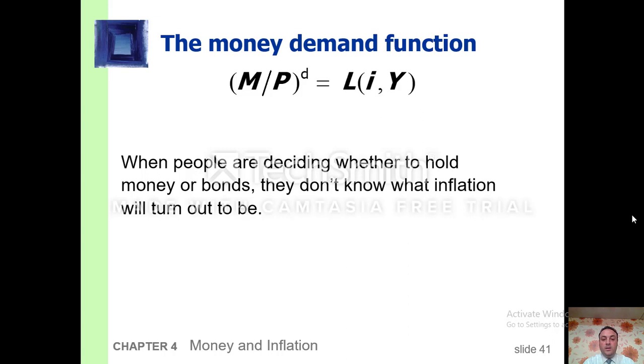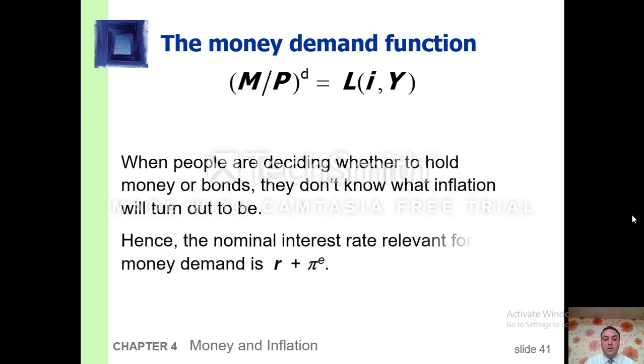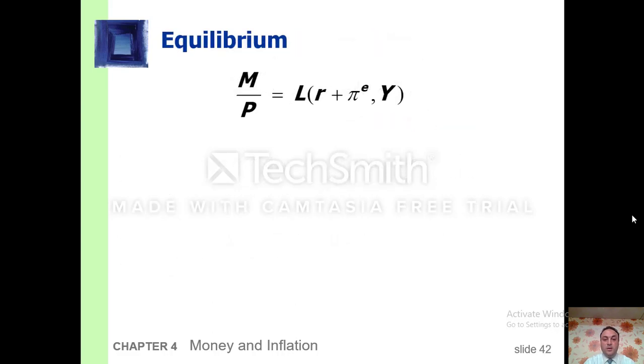When people are deciding whether to hold money or to hold bonds, they don't know what inflation will turn out to be. Hence the nominal interest rate relevant for money demand is the real interest rate plus the expected inflation rate.